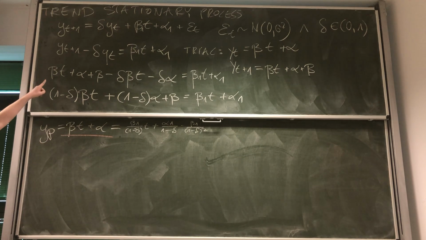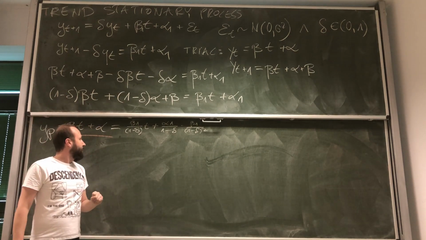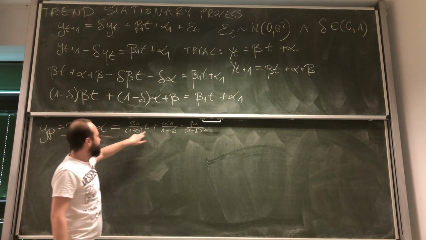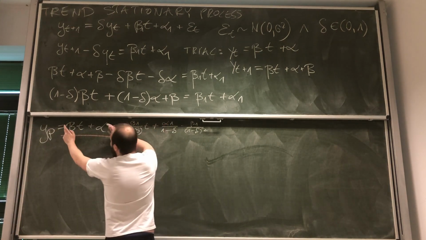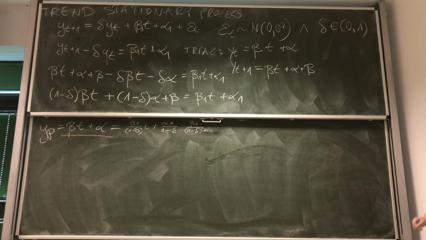If you estimate this equation, you will be able to get delta, beta 1, and alpha, and so you will be able to get the particular solution.